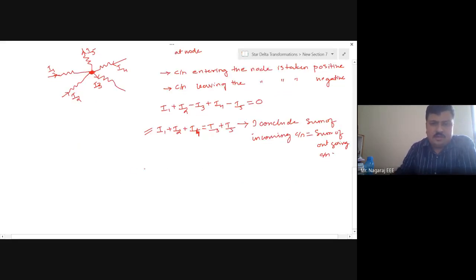Now, is there any possibility that I1 plus I2 plus I3 plus so on plus IN is equal to 0 with all the currents positive, or minus I1 minus I2 minus I3 minus so on minus IN is equal to 0?